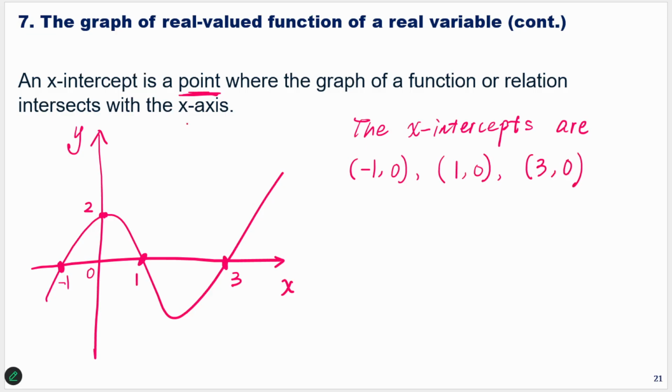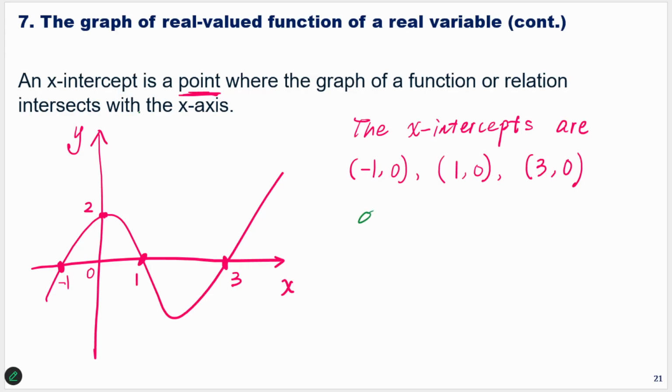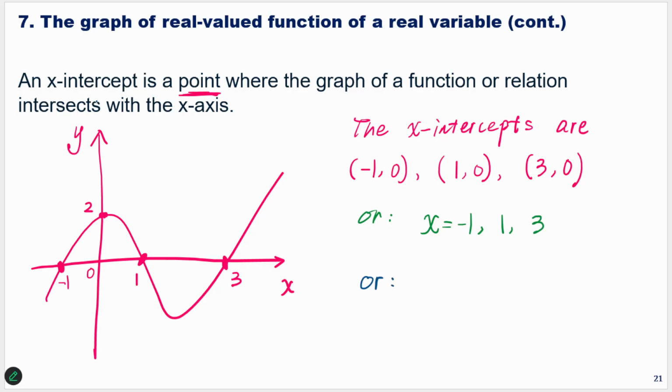These are the x-intercepts. However, we could also simply say the x-intercepts are x equals -1, 1, or 3. Or even much simpler, you could just say the x-intercepts are -1, 1, 3, when there is no confusion. Because by default, we know the y coordinate of the x-intercepts is always 0, right?